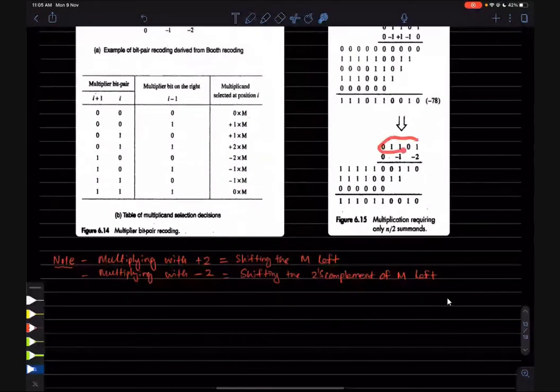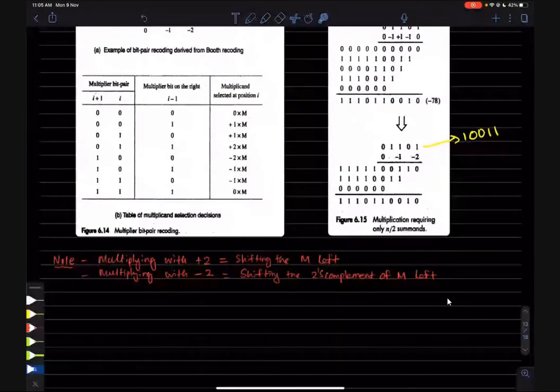So let's multiply m into minus 2. In this case, obviously minus 2 means we have to take the 2's complement of this. What is the 2's complement of this? It is 1 0 0 1 1.